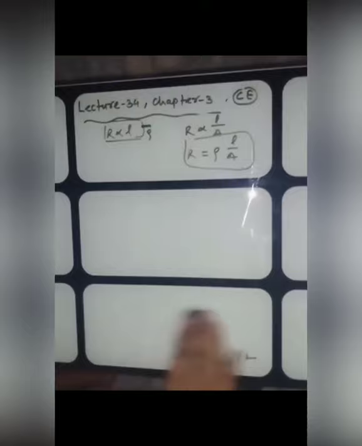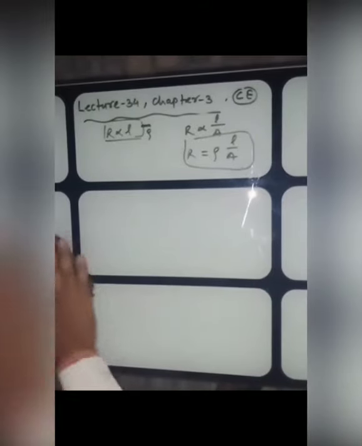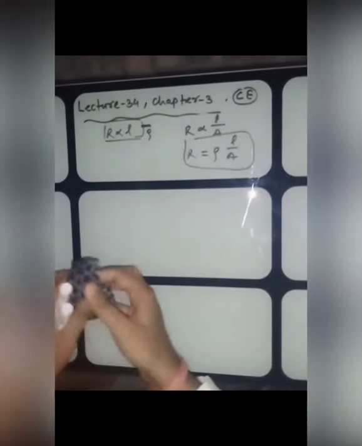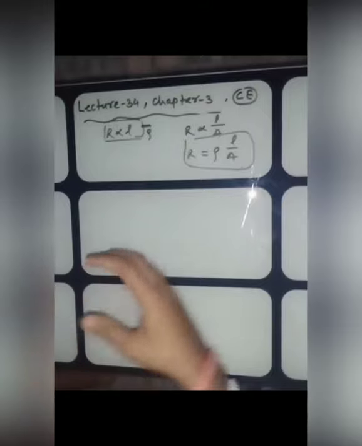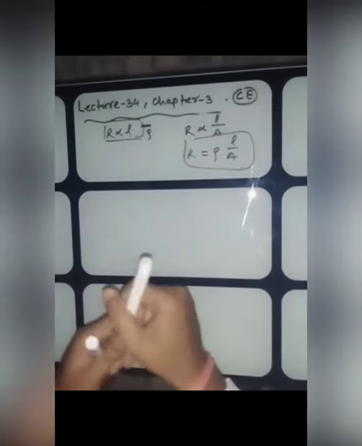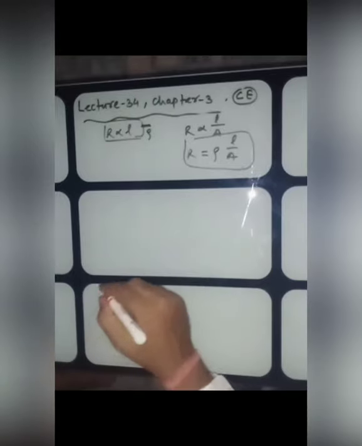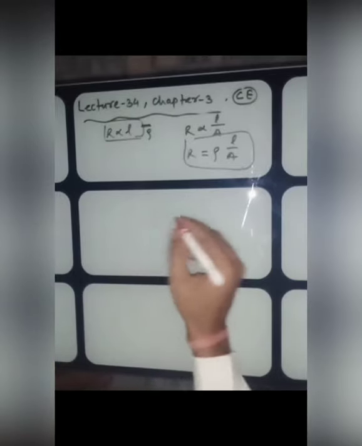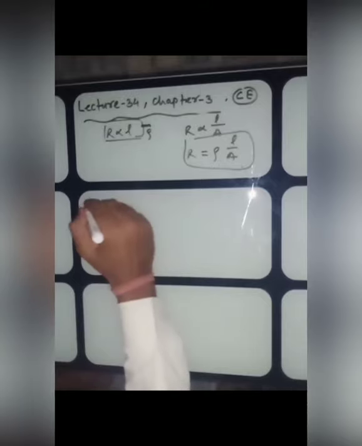Now my dear student, I'm giving you a very simple question. We'll solve this question as classwork, and then I'll give you a few homework questions. Now the question is, you have a metal rod.